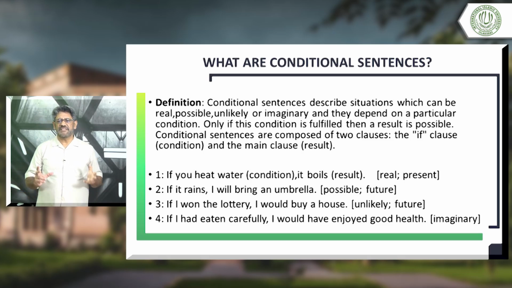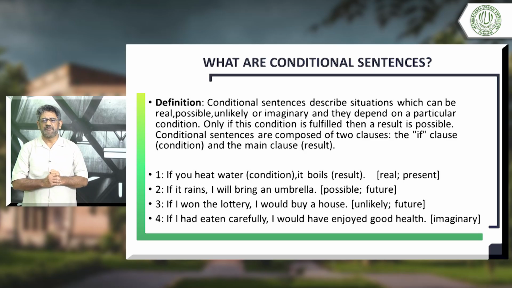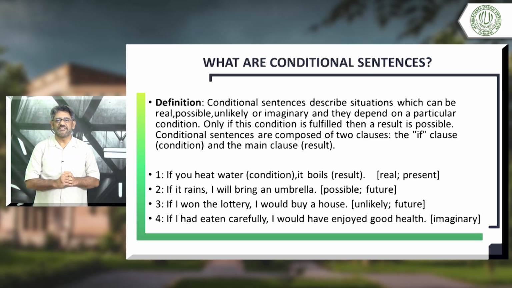And conditional sentences, if I give you a simple definition, they describe situations which can be real, possible, unlikely or imaginary, and they depend on the particular condition. Only if this condition is fulfilled, then a result is possible. Now, conditional sentences are composed of two parts.